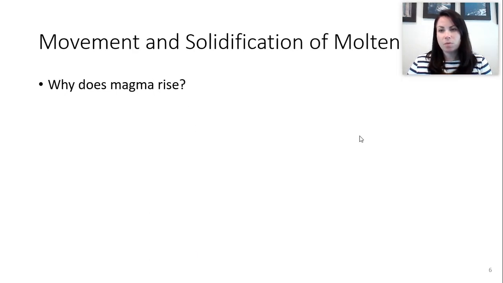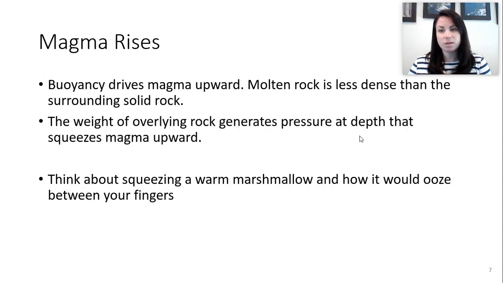So why do you think magma rises? How does magma come from inside the earth and get to a point where it's creating a volcano and creating this eruption? Well, magma rises because of buoyancy. We talked about convection in a previous lecture, and that has a lot to do with it as well. So the buoyancy drives the magma upward.